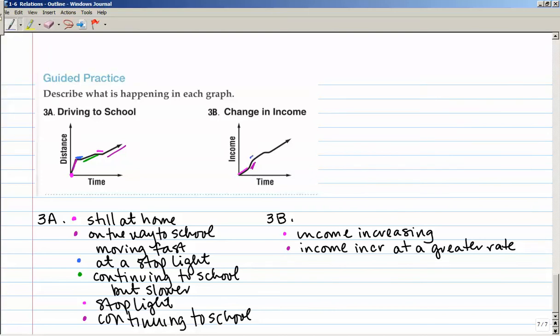And then we have this section here, and it returns to the original rate. So my income is increasing at the original rate. And then at this piece right here, notice that's flat. My income is not increasing. My income is staying the same. At this point right here, my income is staying the same.